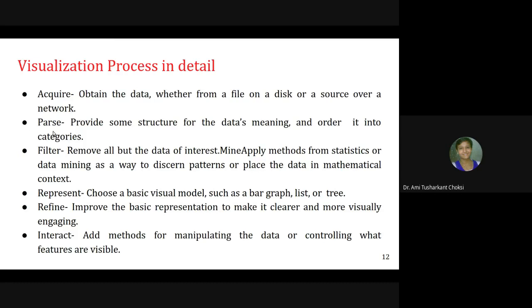We parse it. What do we do with that? Provide some structure for the data's meaning and order it into categories. So with that, we parse the data. Then we have filter, that is, remove all but the data of interest, right?